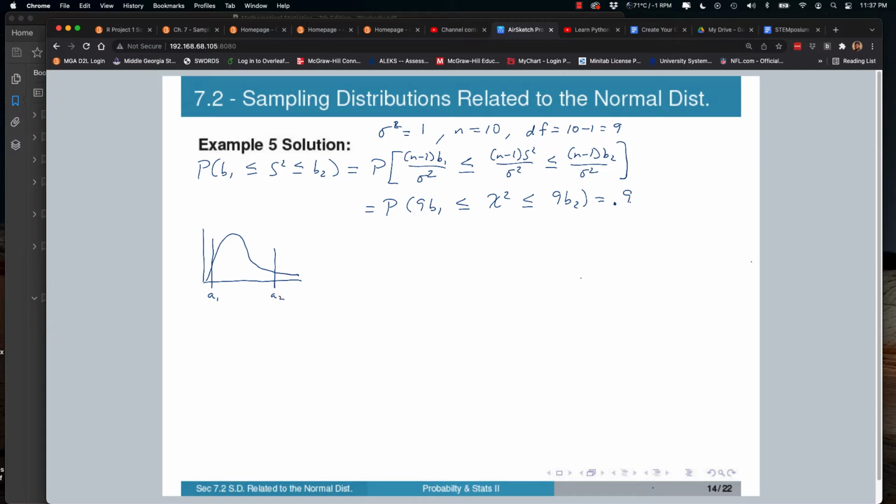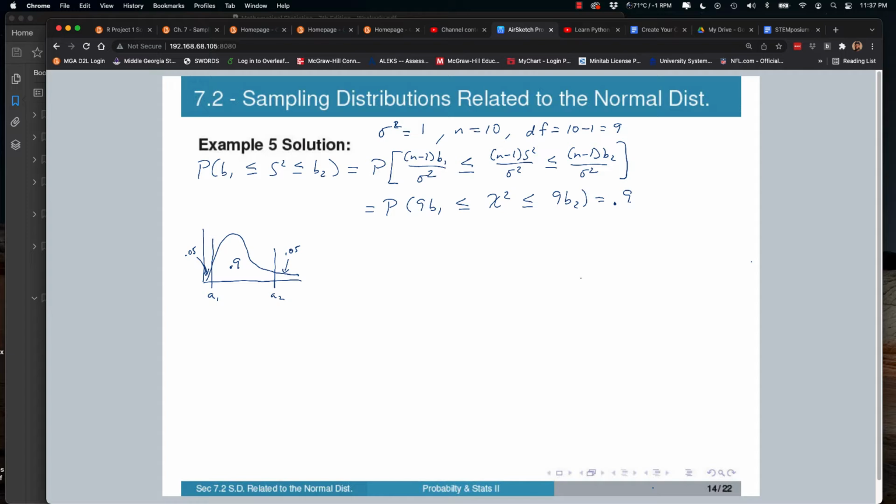You can call them x1, x2, whatever you want, just some different variable to make them different from 9b1, 9b2. The area underneath the curve between those two points is supposed to be 0.9. So that means we've got 10% left over, so the area in this tail down here is 0.05, and the area in this little smidge here is also 0.05. So the area under the curve is still 1 in this case. To be a valid probability distribution, that always has to be the case.